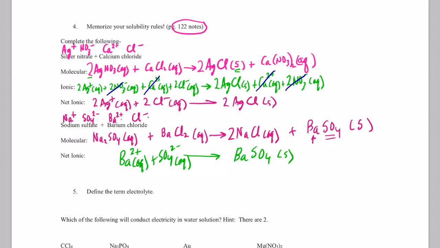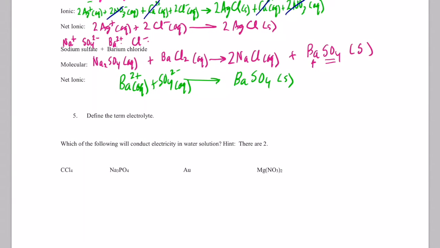Okay? One more thing, electrolytes. Make sure you guys remember what electrolytes are. I believe that was the 10th video in the solution series, and we did a conductivity demonstration. And remember, electrolytes conduct electricity either in their molten state or when they're dissolved in water.